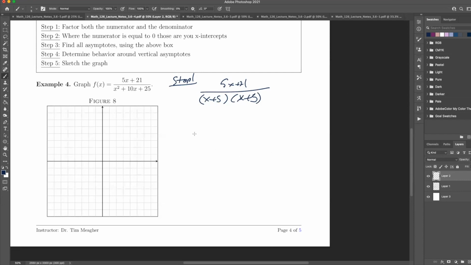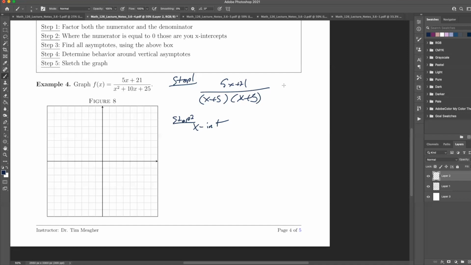All right, so step two is set the numerator, the top part, equal to 0. That's where an x-intercept will occur. Your book asks where the x-intercepts are, so this is something you can do. If you want to find the y-intercept, you just set x equal to 0, and that'll give you your y-intercept, which is really easy.